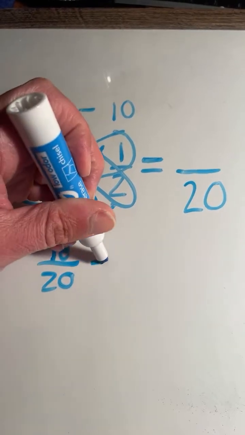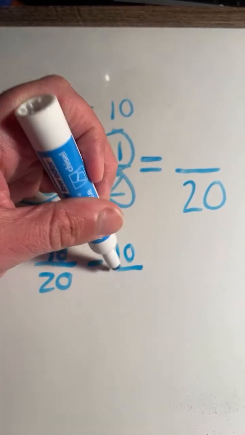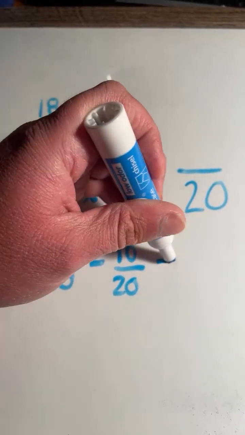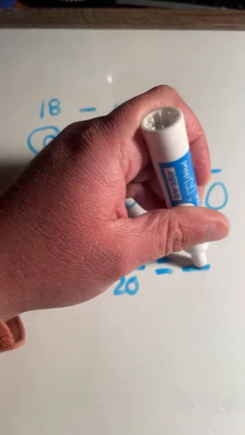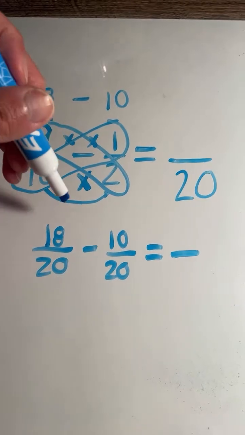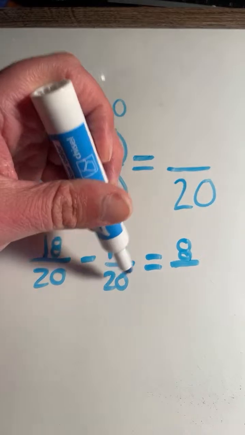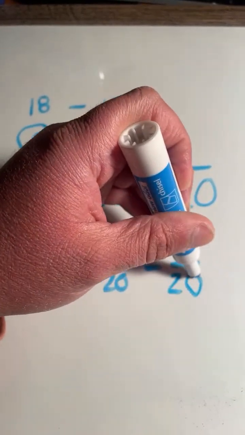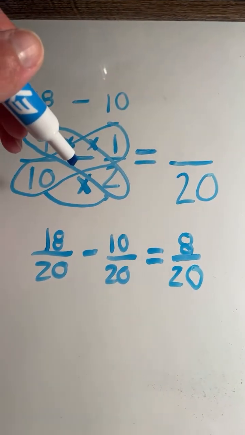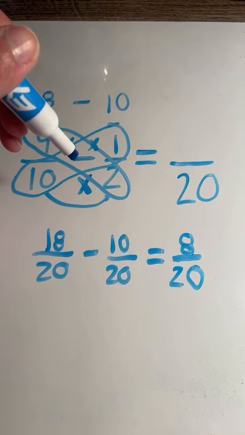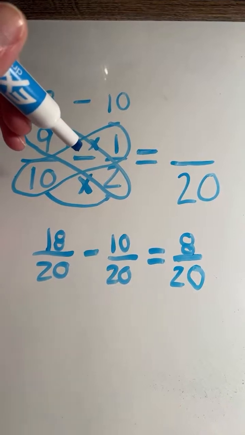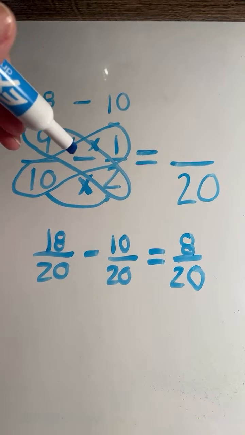If we want to write that out, 18/20ths minus 10/20ths. 18 minus 10 equals 8. We keep our denominators the same. And we have our final answer. 18/20 minus 10/20 equals 8/20.